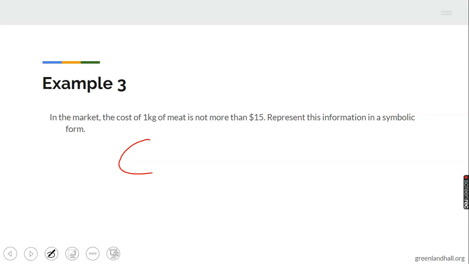So that means it will be either less or equal to $15. Do you understand it? So it cannot go beyond $15.